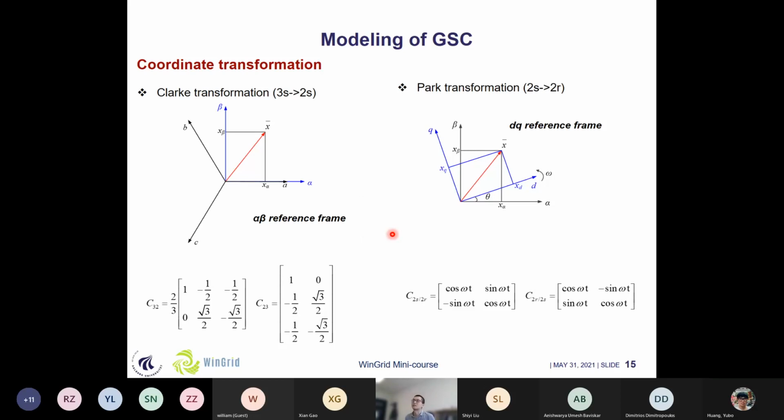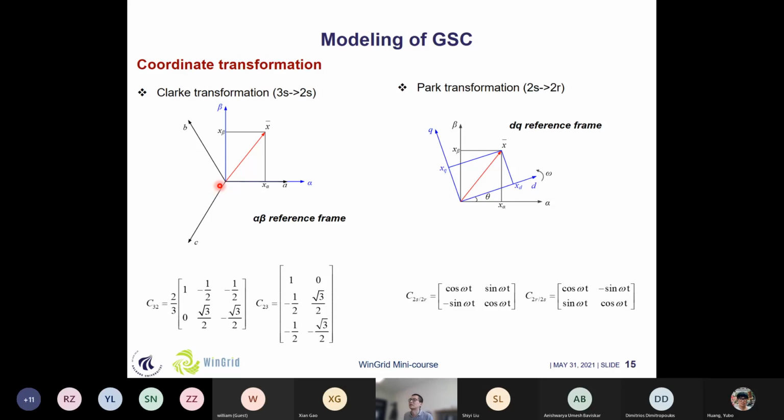Here we need to use some transformations before we can make this change. First is what we call the Clarke transformation. In this way, we change this three-phase static reference frame into a two-phase static reference frame. The ABC and alpha-beta reference frames can be seen in this figure. If we want to change from the ABC frame to the alpha-beta frame, we need to use these equations for the transformation.